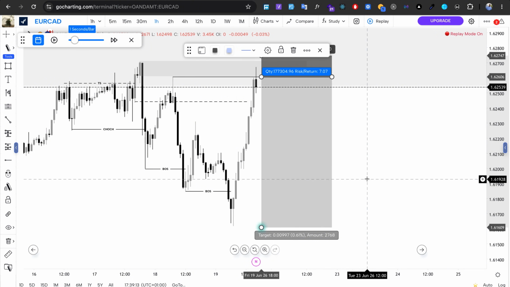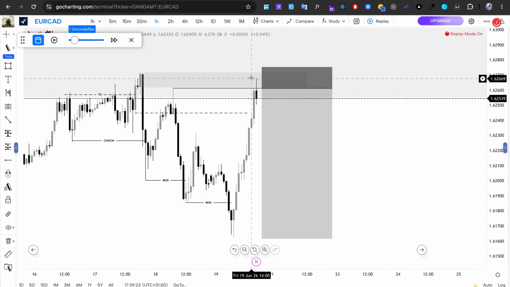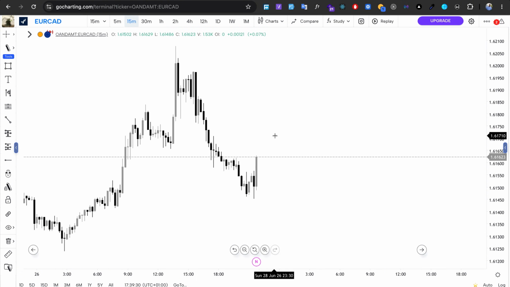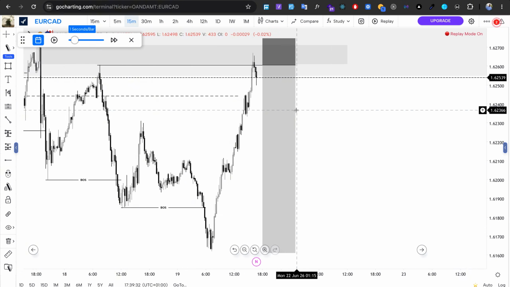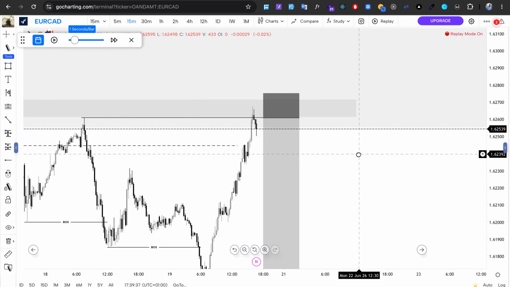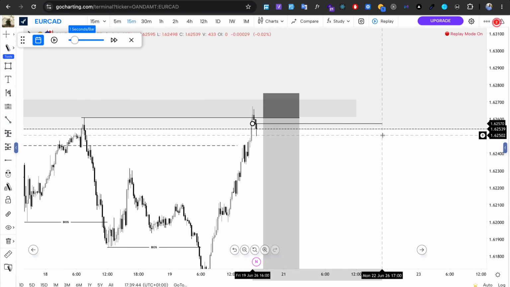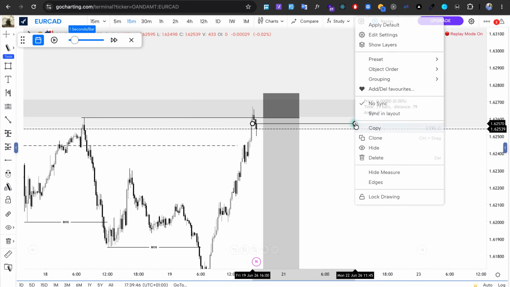And if I want to wait for confirmation, if I want to still confirm here, what I would have done is to go to 15 minutes. Right? If you go to this 15 minutes, you will see this is a change. If I want to still rely on confirming, if I don't want to enter on limits, I want to confirm.